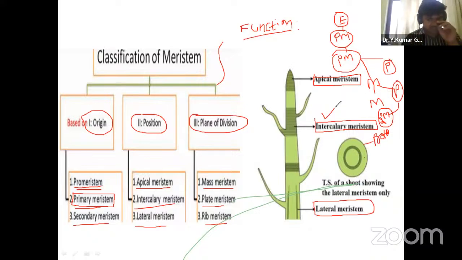And now lateral meristem. This is lateral meristem, which is present inside the vascular bundle. For example, this is a vascular bundle.